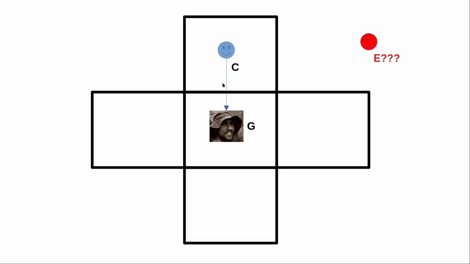Now, what happens to E? E is also a parent of G. So when we get E, we have to place E above G, and we've already got C occupying the space. So when we try to place the parent, it's going to look at the next available slot to the right.